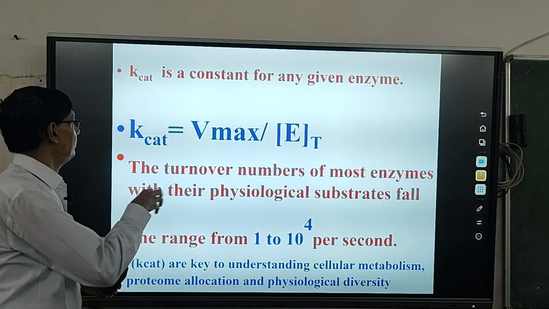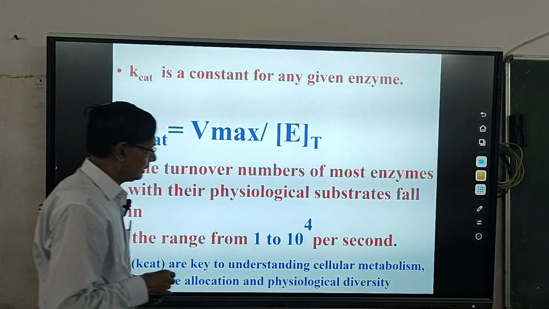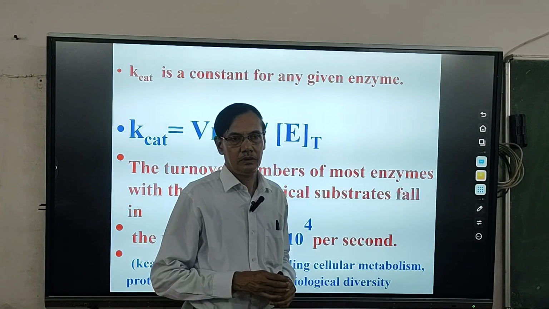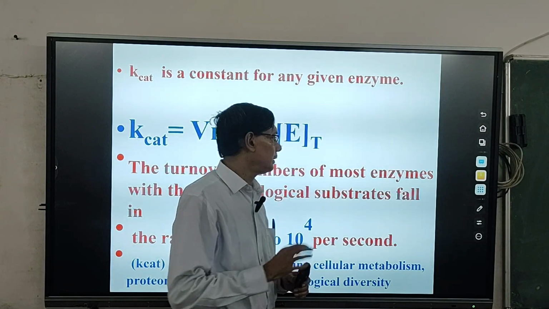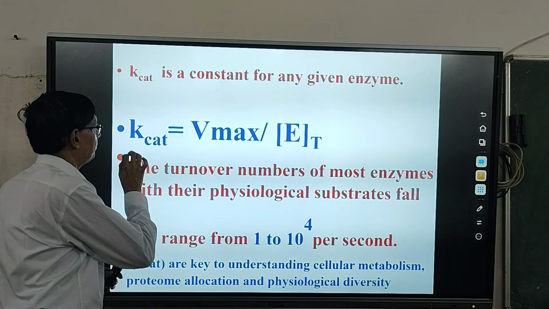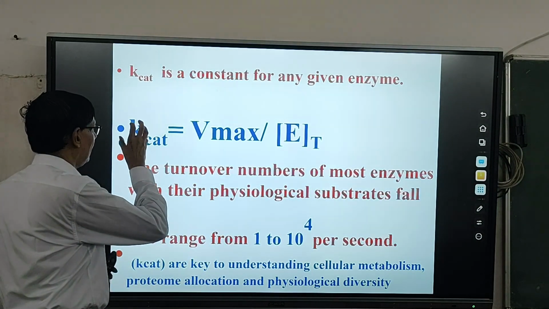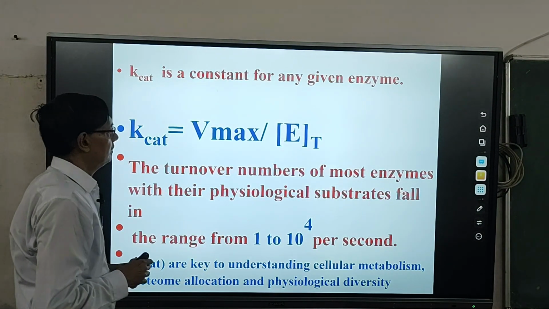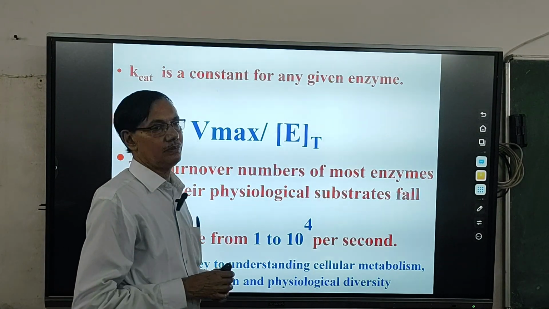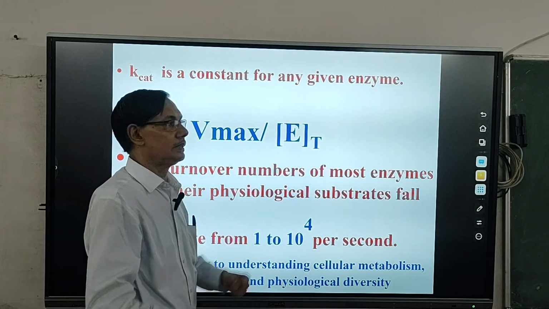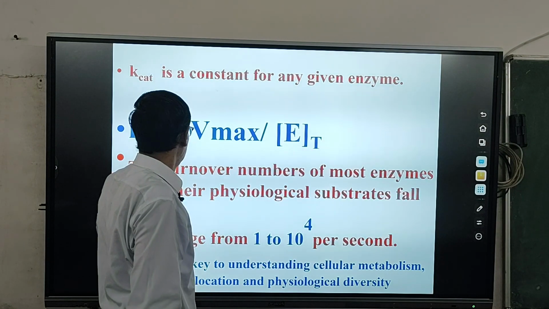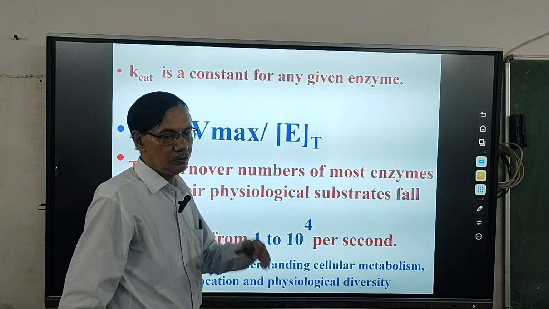whenever we study any enzymatic reactions, Km is also important, but there is another very important parameter. If you do some research in enzyme kinetics, you always prefer that your K catalytic should be very, very high. The value should be very high.